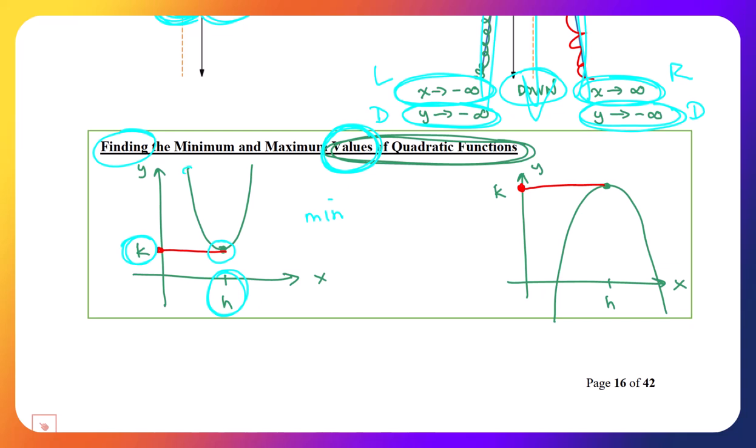So the lowest the y goes is to this point here, and then the y values increase. Whereas here, the y values increase till we get to here, and then the y values decrease. And so in this case, we have a maximum. So the minimum or maximum value occurs at k, the y coordinate of the vertex. I don't want the whole point, just the y value.